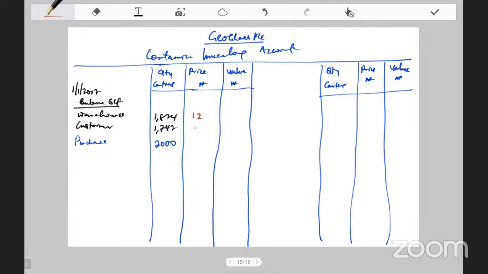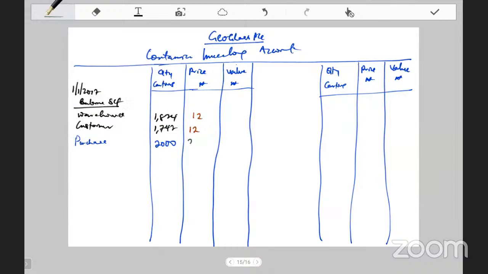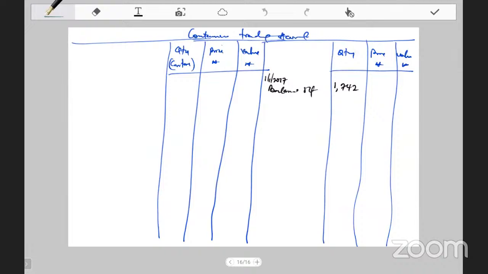God bless you. But for the purchase, I'm not going to use the book value. So what is the purchase price? 20 naira. But in the hands of the customer, which we have in the container trading account, I'm going to use which of the value?